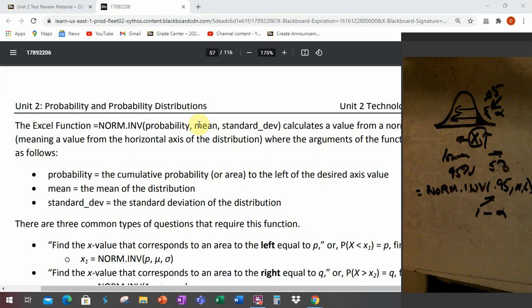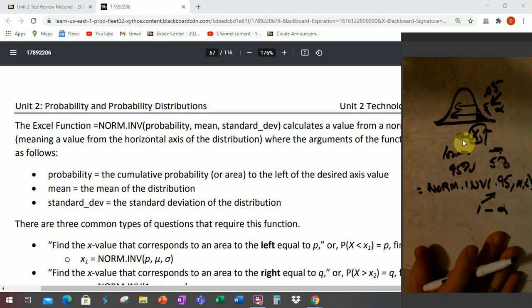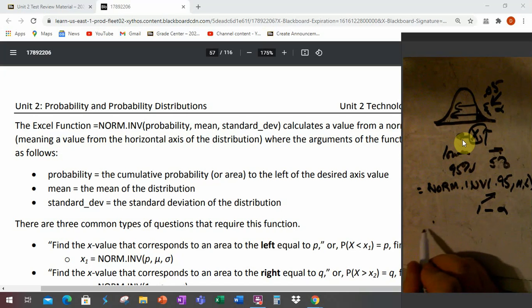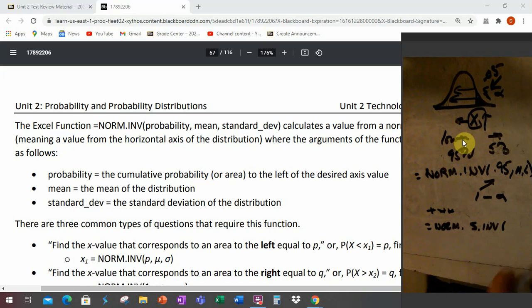The mean, that's your standard deviation. So your x, not a z-score. If you did the norm.s.inverse, all you have to do is give it the area. But then it returns a z-score, right?